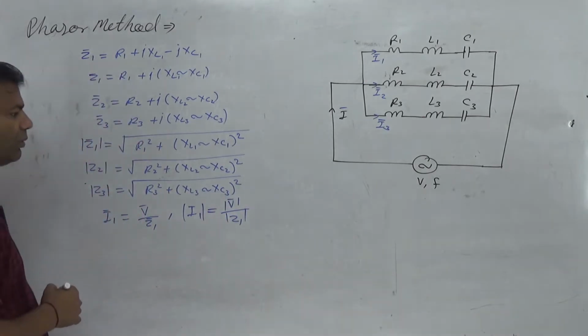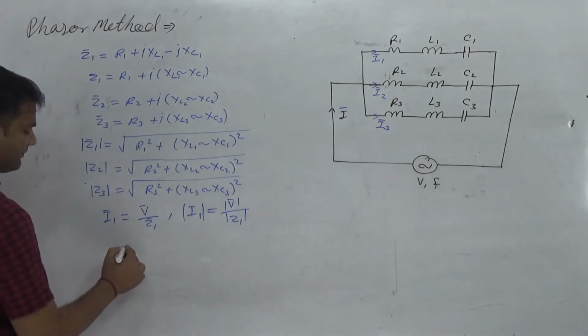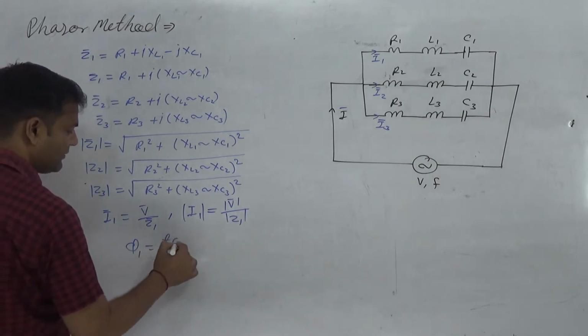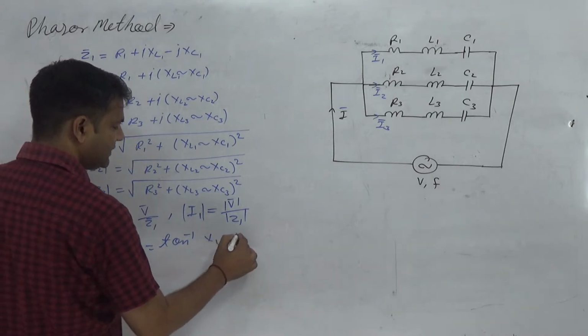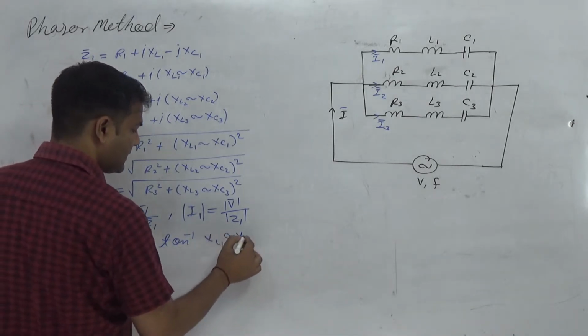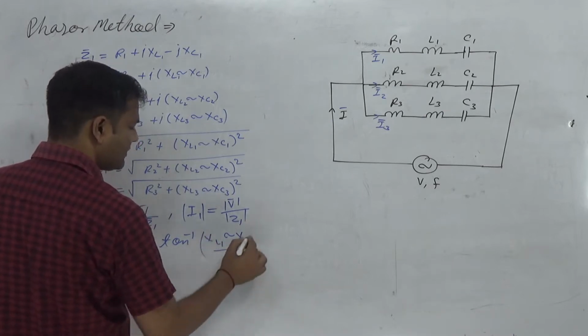What about the phasor angle of I1? Phi1 will equal tan inverse of (XL1 minus XC1) divided by R1.